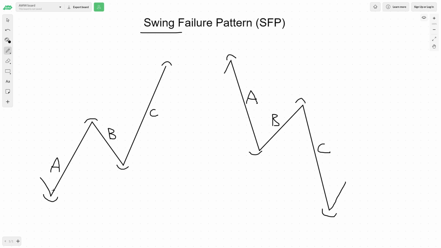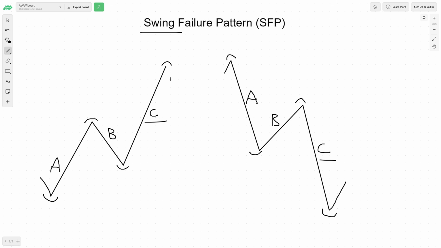You've had a completed pattern of impulse, retracement, and impulse, and the same thing here. What we're really focusing on is what happens when the C leg in either the uptrend or the C leg in the downtrend fails. Therefore you have a swing failure pattern, because that can give us a possible reversal bias.